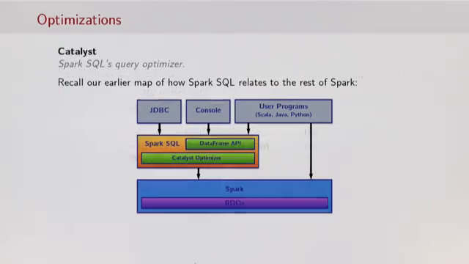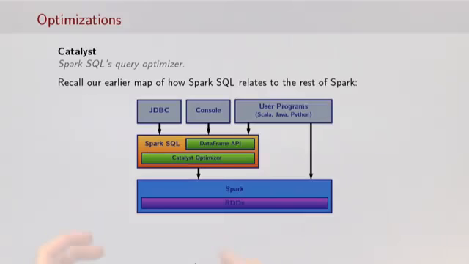So focusing on Catalyst, remember this map that we saw earlier about how Spark SQL fits into the whole Spark ecosystem. Spark SQL sits on top of regular Spark and RDDs. It takes in user programs with this relational DataFrame API, so users are writing this relational code, and ultimately it spits out highly optimized RDDs that are run on regular Spark.